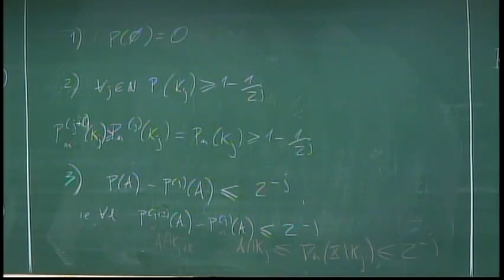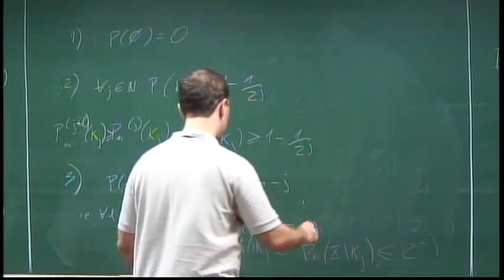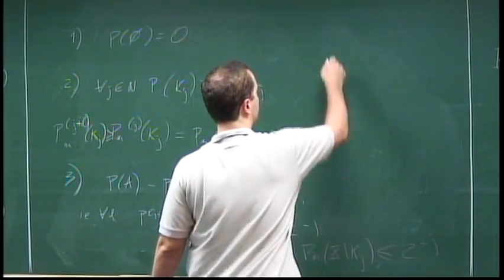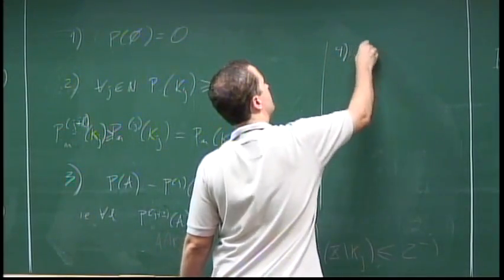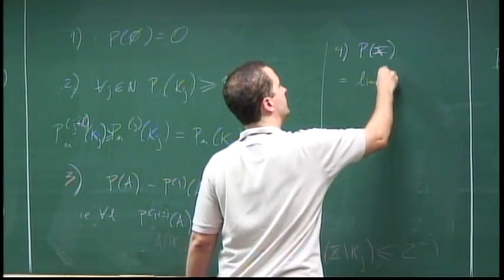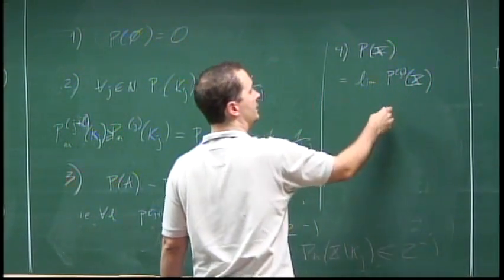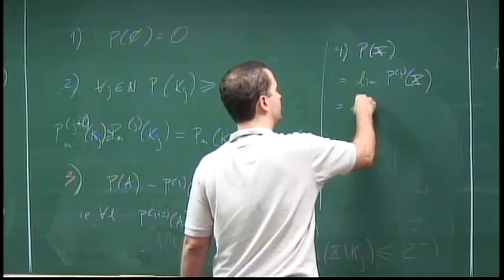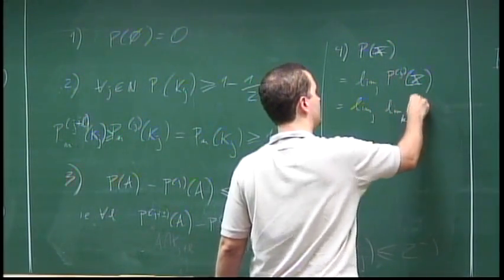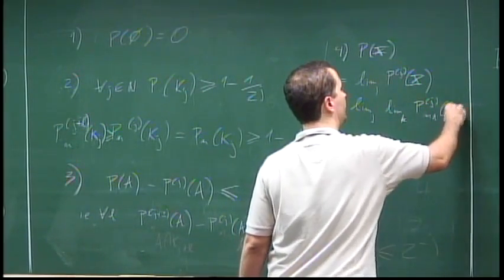So now there are more things we need to do. In particular, we see from this that, okay, there's 4 here. What's P of x? Well, this is the limit of Pj of x, and this is the limit in j of the limit of a certain subsequence of P sub nk of x.